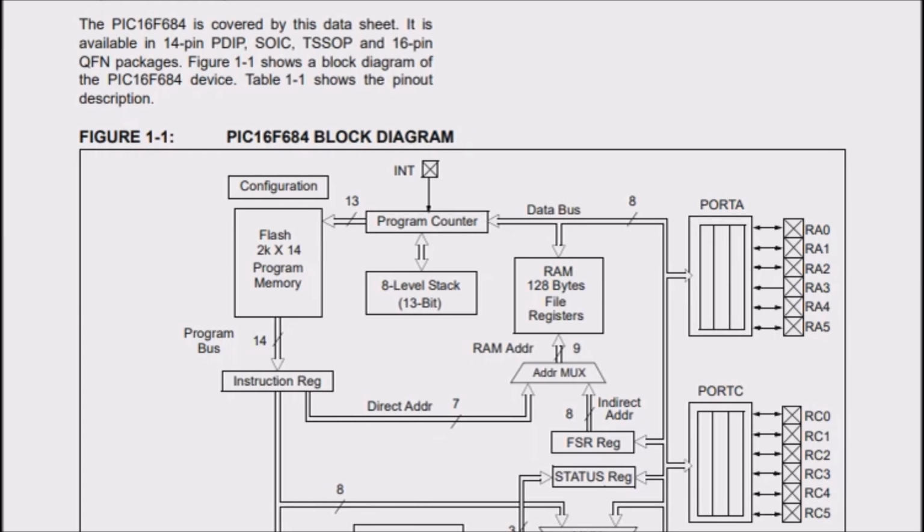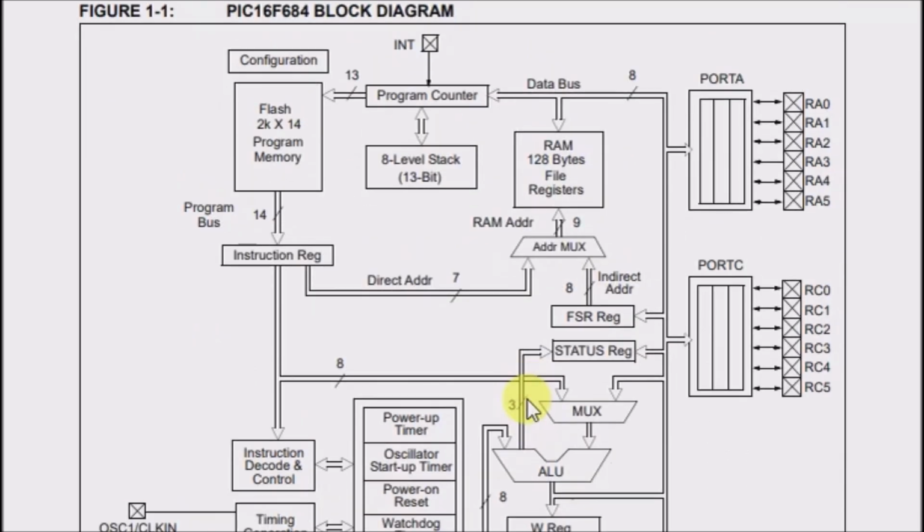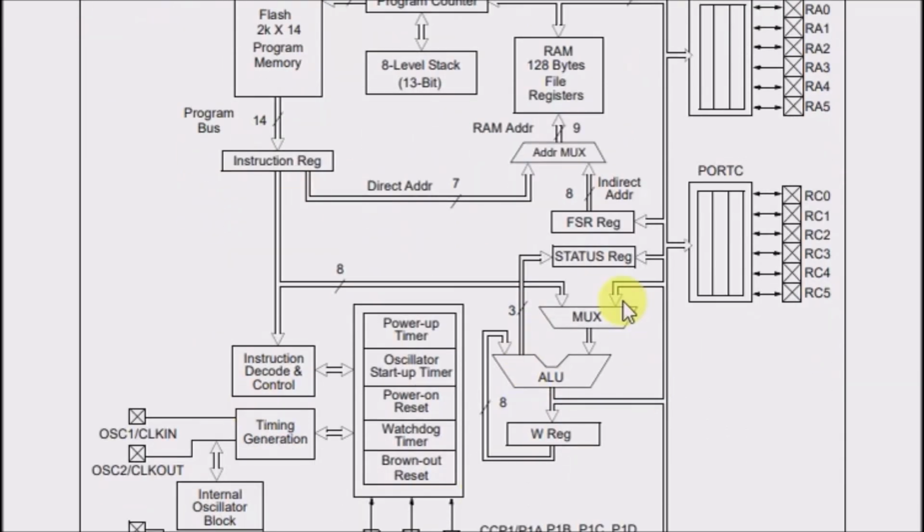In today's video, I would like to continue discussing the block diagram. In my last video, I covered the flash program memory, program counter, 8-level stack, the RAM, port A and C. So now I'm working downward, and some of these things aren't as fundamental to the chip.